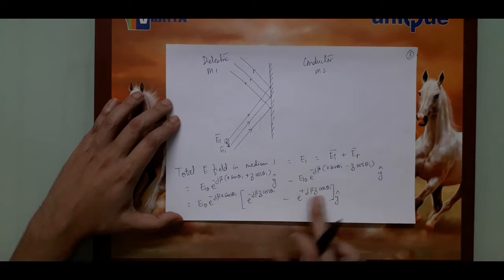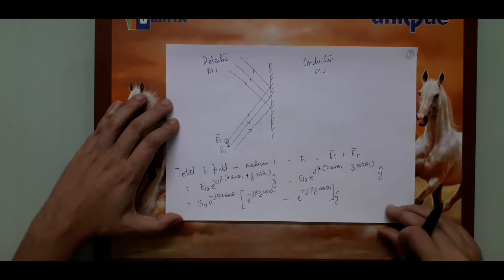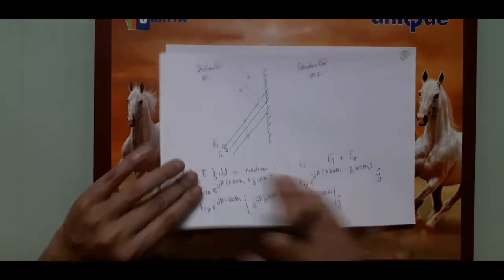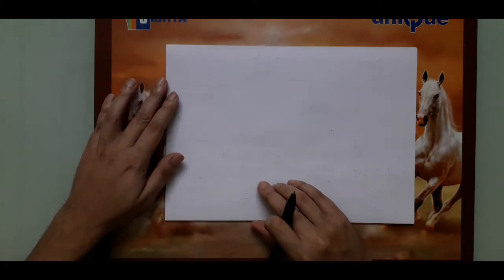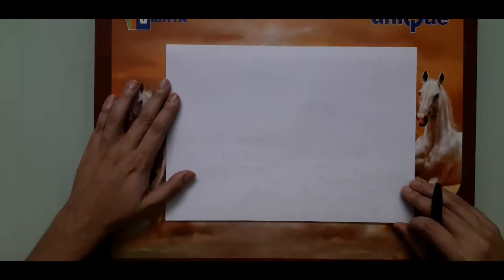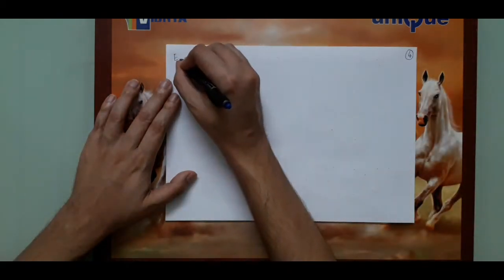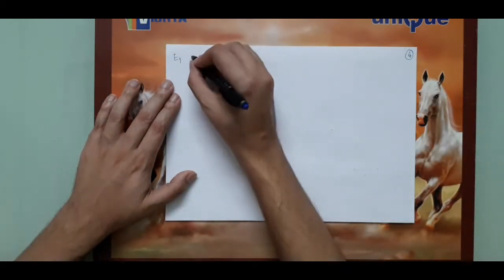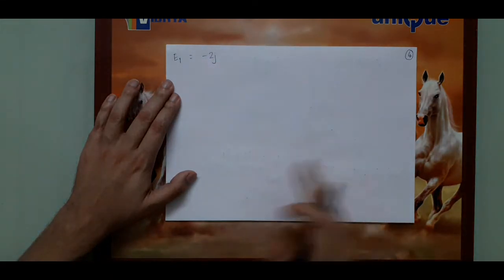So does this look familiar? This is nothing but the addition of an even wave and an odd wave, which gives us a sine function. So I can simplify this to E1, which I can rewrite as minus 2j EI0.